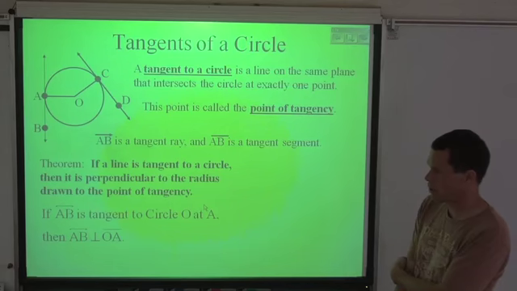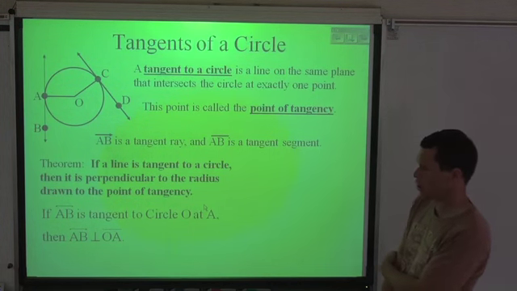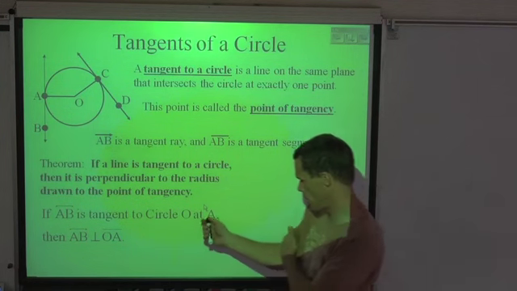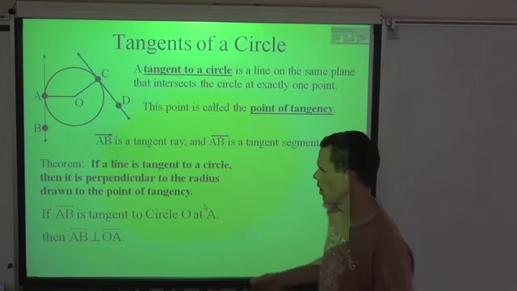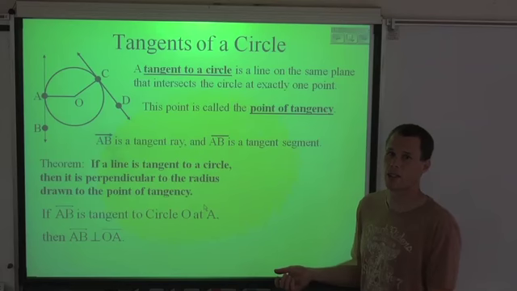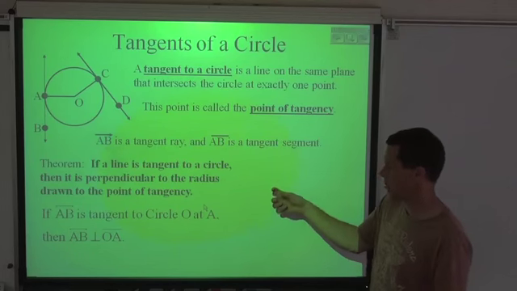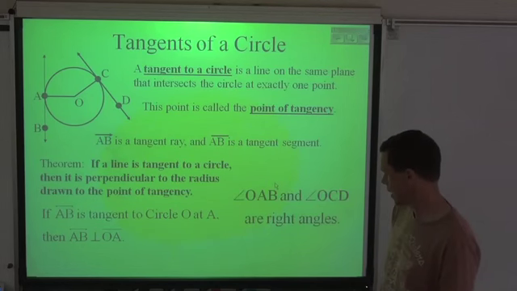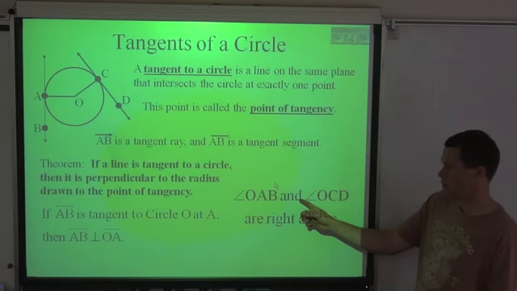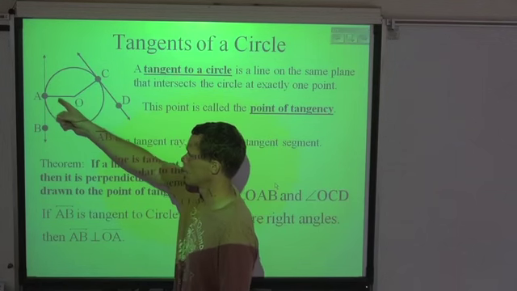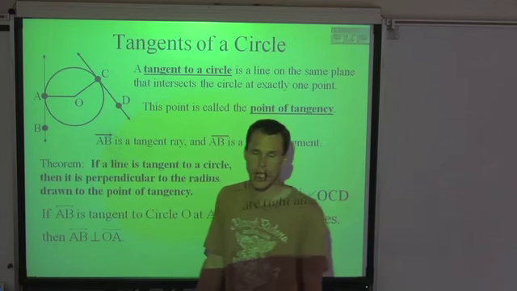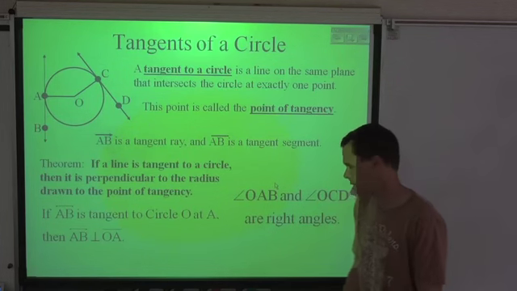In an if-then form, if line AB is tangent to circle O at point A, then line AB is perpendicular to OA. We're going to see those right angles show up in the examples that we start working with. Okay? So, note where those right angles are. We probably should draw them in our notes right now. Right angle here, right angle here. That's going to be the key to establishing the work we do next.